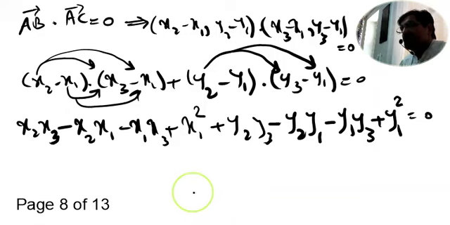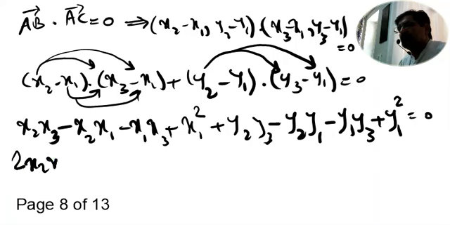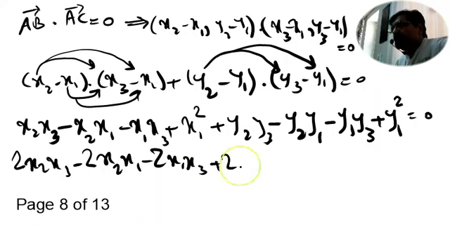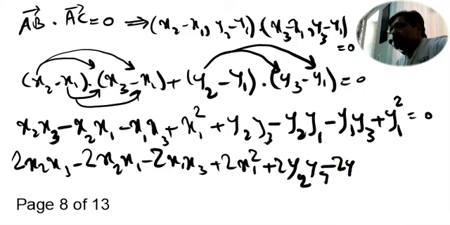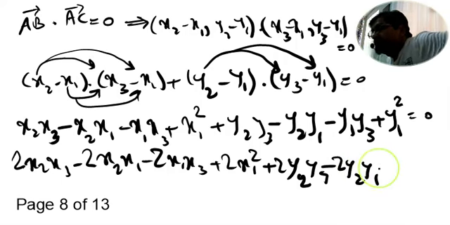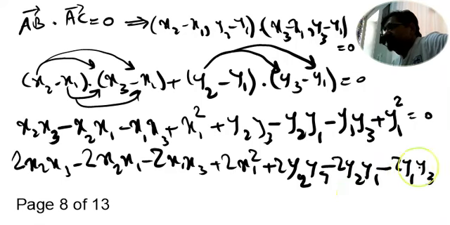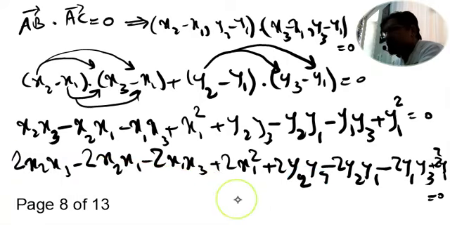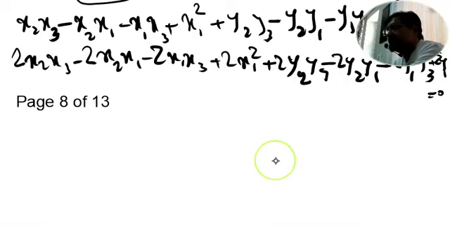Okay, at first by multiplying both sides of this equation by 2, we have 2x2 x3 minus 2x2 x1 minus 2x1 x3 plus 2x1 square plus 2y2 y3 minus 2y2 y1, be careful, minus 2y1 y3 plus 2y1 square equals 0.